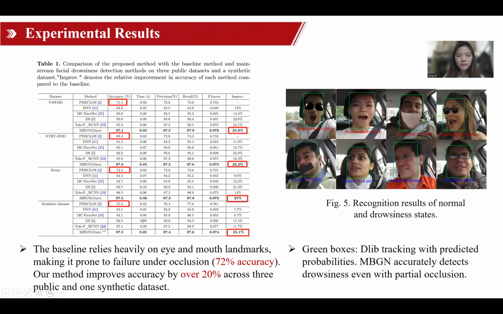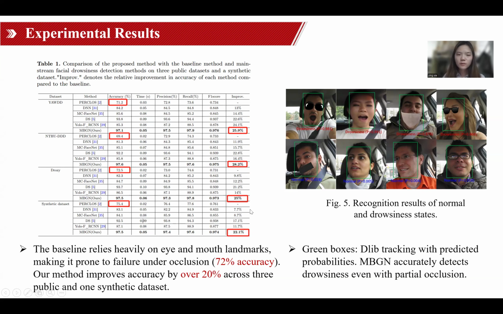To better show the performance of our method, we compared it with the traditional PERCLOS-based baseline and other popular facial drowsiness detection methods. The baseline relies heavily on eye and mouth landmarks, making it prone to failure under occlusion, with 72% accuracy. Our method improves accuracy by over 20% across 3 public and 1 synthetic dataset.